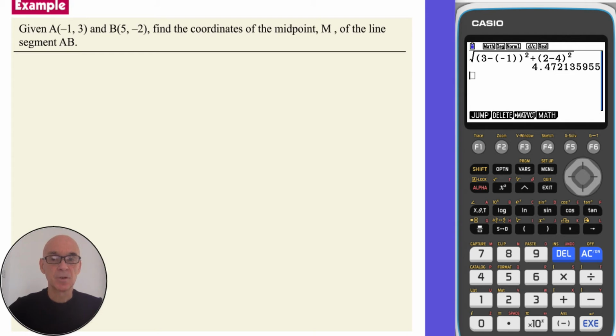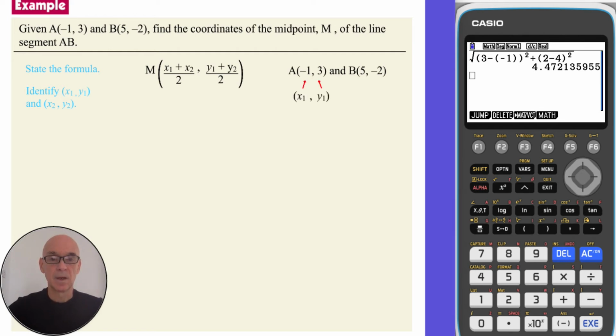In this question, we're asked to find the coordinates of the midpoint of the line segment AB. So if we begin by stating the formula, and then identifying x1, y1 and x2, y2 as shown.